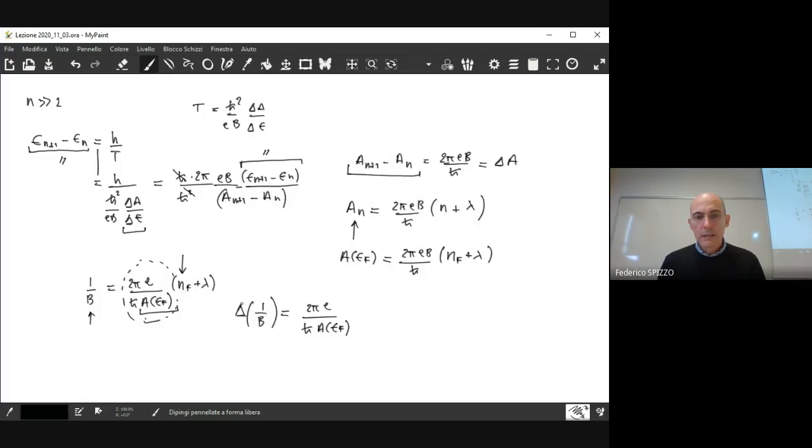So if you notice, the variation in 1 over B is just a constant term. So this is fixed, it does not depend on B. So that's why you have a periodicity of the phenomena that you observe when you apply an external field. And this periodicity depends not on B, but on 1 over B. Okay, is that fine for you? So is this last step clear for you?